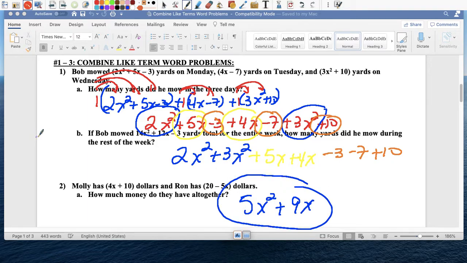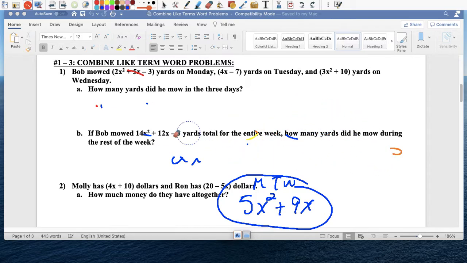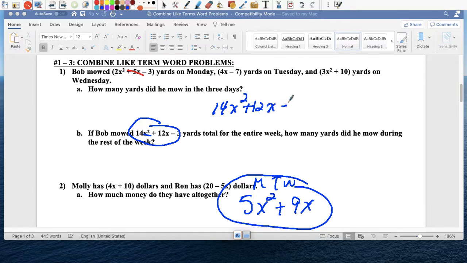So I'm going to put Monday, Tuesday, and Wednesday. I'm going to keep that number. Now, what did he mow on Thursday and Friday? Because that's the question here. We know that the whole week he did 14x squared plus 12x minus 3.